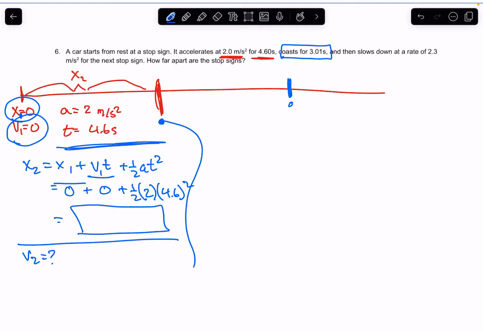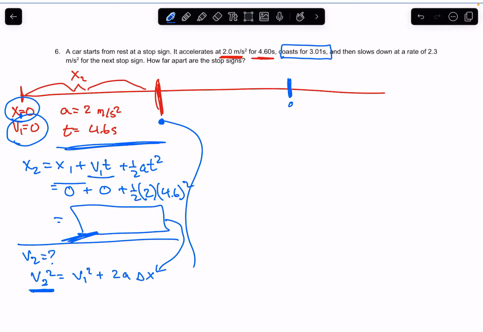And so what did I do? I just used the third equation, v2 squared equals v1 squared plus 2a change in x. Now, change in x is the number that you've just calculated right here. And now I can find what v2 is.